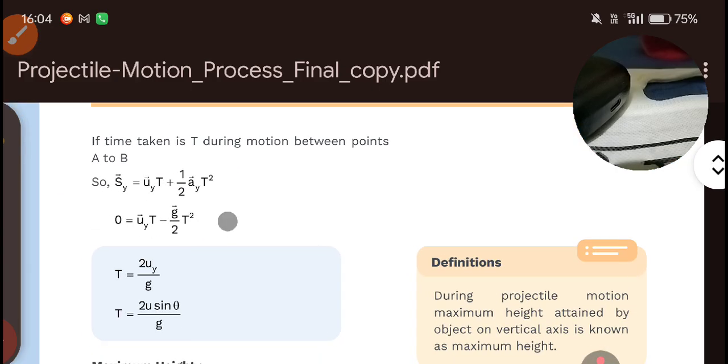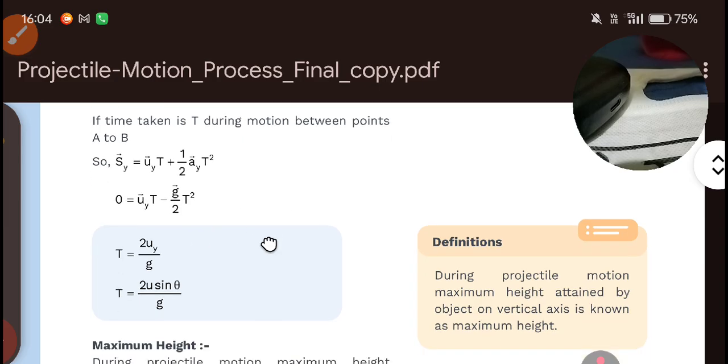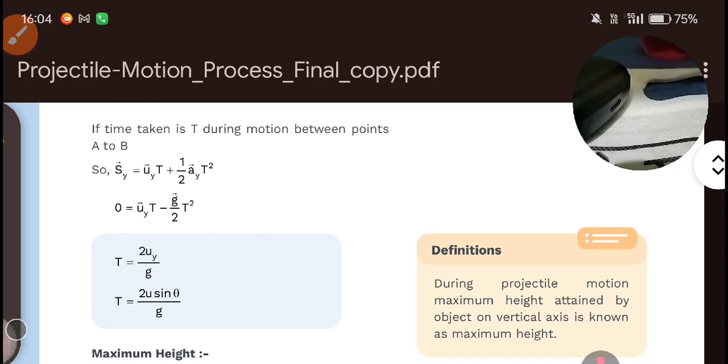If the time taken is t during motion between the points, then for y this will be ut plus 1/2 at squared. So time taken is t. This will be your equation where s is 0.